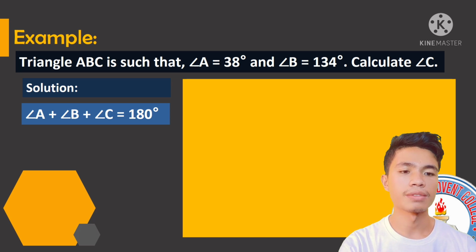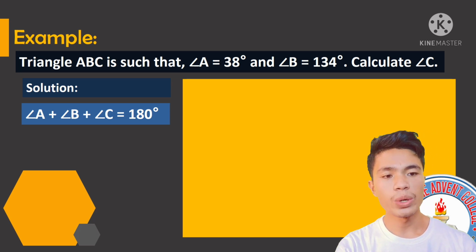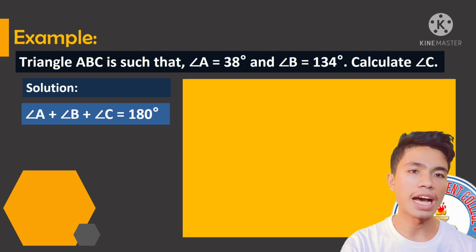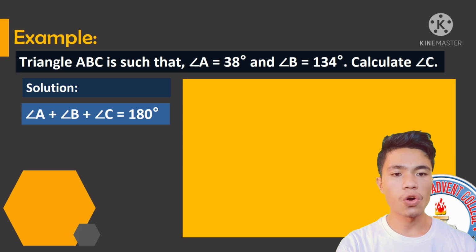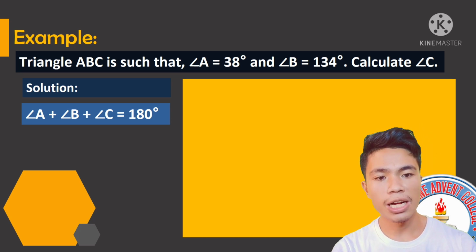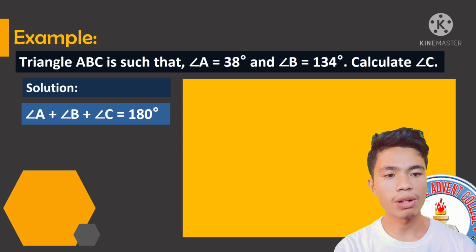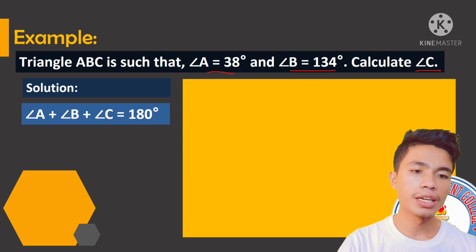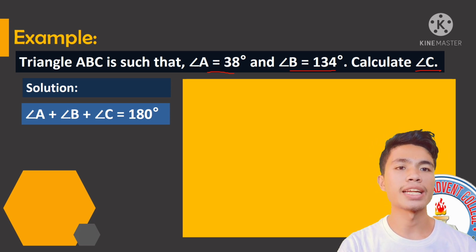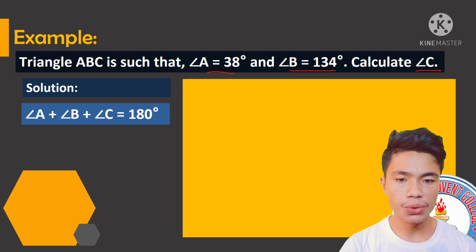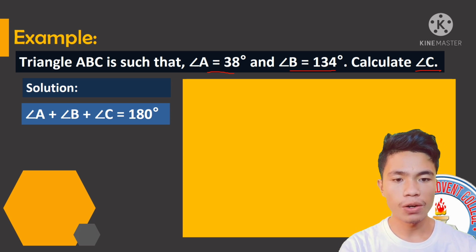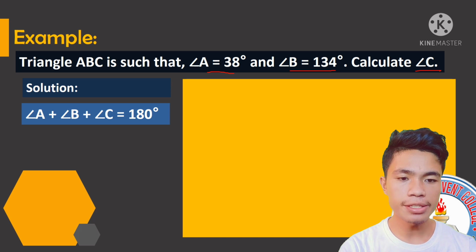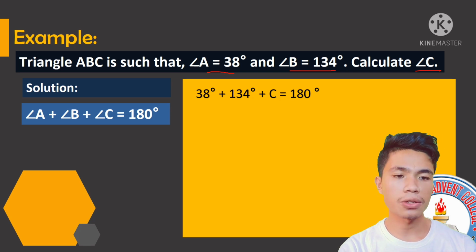These are the givens, and we are going to find the measurement of angle C, the third angle, by using the given angle A and angle B. First, we are going to use the angle sum theorem and then substitute. Angle A is equal to 38 degrees plus angle B is equal to 134 degrees plus angle C.